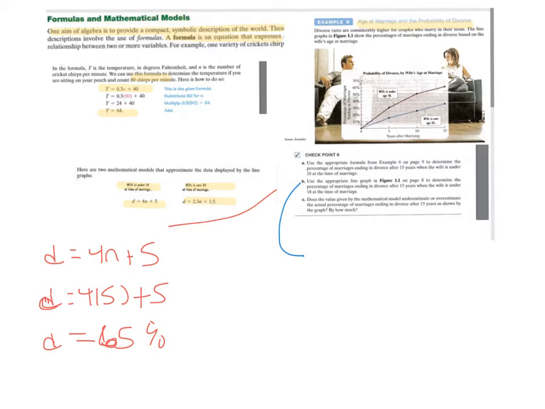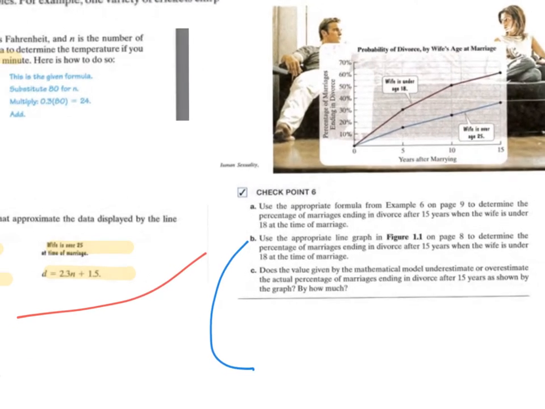So we'll go to the graph then, and find the percentage ending in divorce after 15 years for under 18, which is the red line. It looks like about 60%.